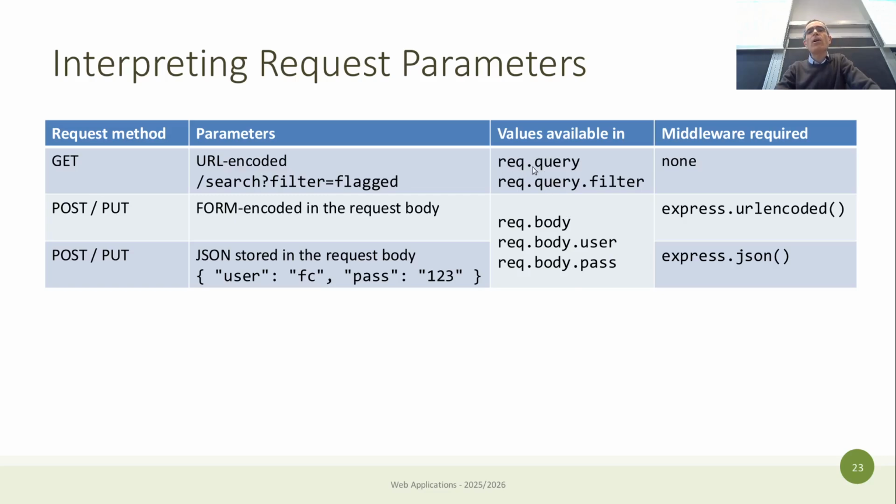So the req object has a property query that extracts everything that comes after the question mark in a URL, okay? They can be useful for the GET requests, since you cannot have a body with the GET.